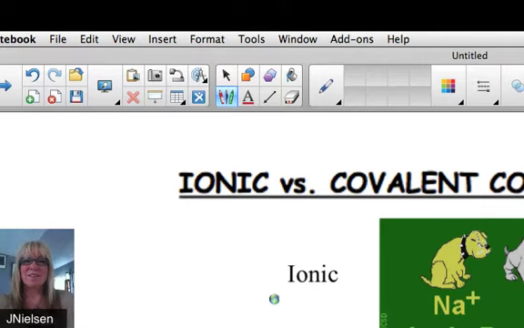Well, this is like ionic bonding, because chlorine has a higher electronegativity value than sodium. So chlorine is going to steal sodium's electrons.